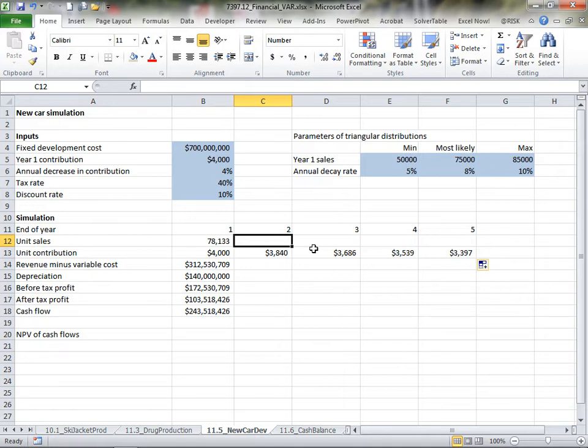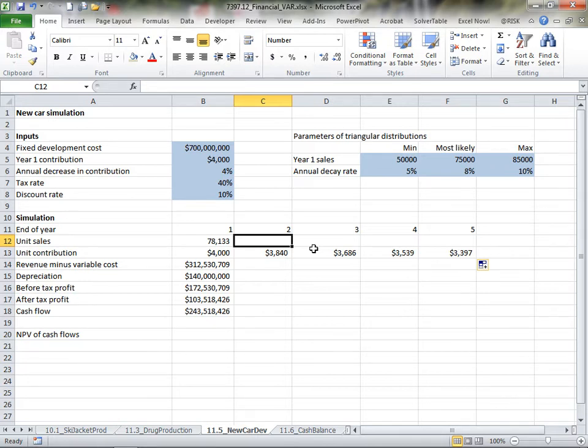What we observe in reality, though, is that demand is influenced by the prior period demand. In other words, if demand was above the mean at time 1, then yes, random error says it could be below the mean, but it's still going to have some influence from whatever the demand was in the prior period. This is called autoregressive demand. And that's kind of what we're looking at here.